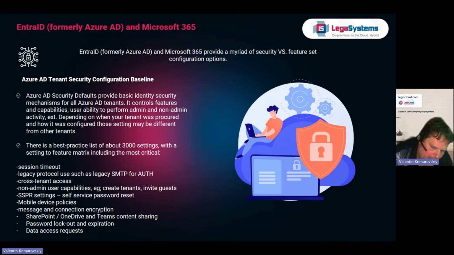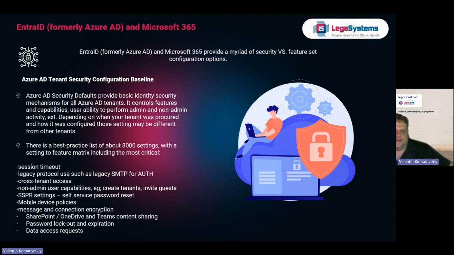And this is because over time, Microsoft learned risks with specific settings, or there were new features added. So when we do compliance work on the tenant and we scan basically everything, every single setting that's available in Office 365 slash Entra ID, there are over 3,000 settings, right?